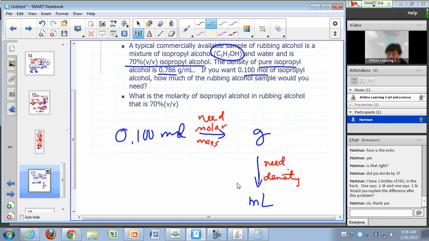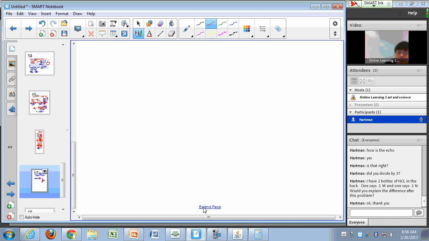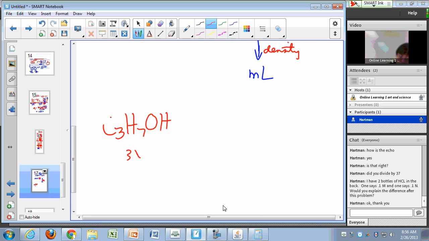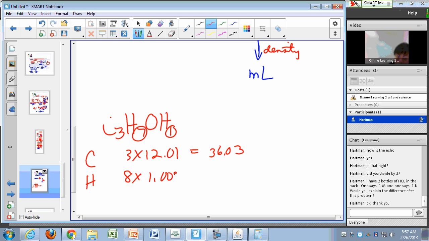All right, so let's see. Molar mass of C3H7OH. So 3 times 12.01. Carbon is 12.01, so that gives you 36.03. And you've got 8 hydrogens, 7 plus 1, so 8 times 1.008 is 8.064.